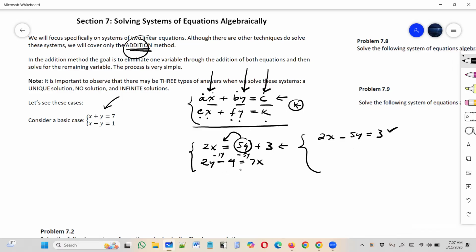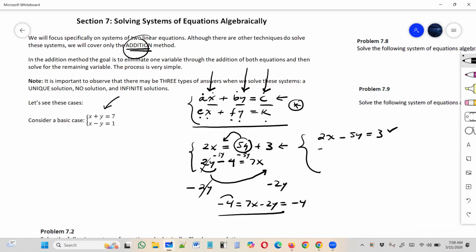In the second equation, it seems like the 2y could come the other way, right? So I'm going to subtract 2y here and subtract 2y there. So they would cancel here. I'm going to end up with negative 4 equals 7x minus 2y. Okay. Now, obviously, this can be written over there.